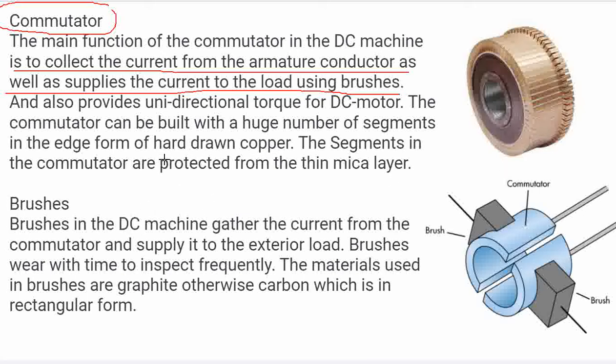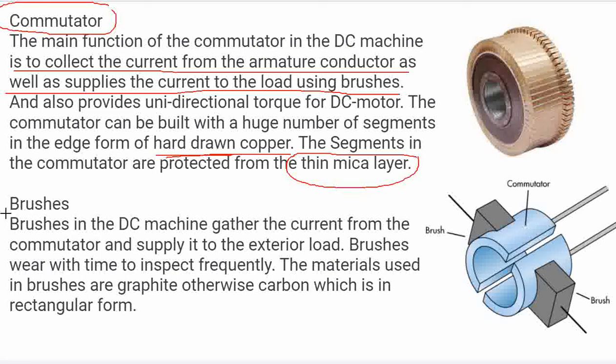It is made of hard drawn copper and is segmented as shown. Each segment is insulated with a thin mica layer.